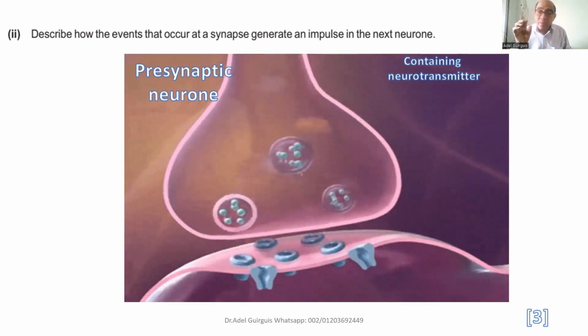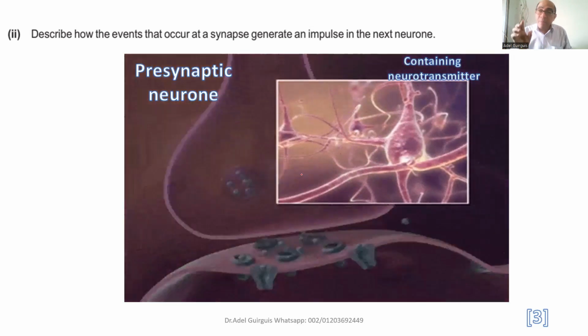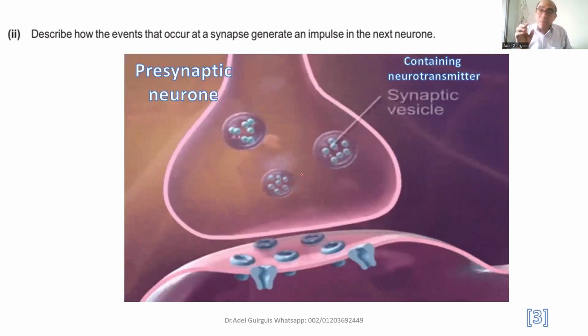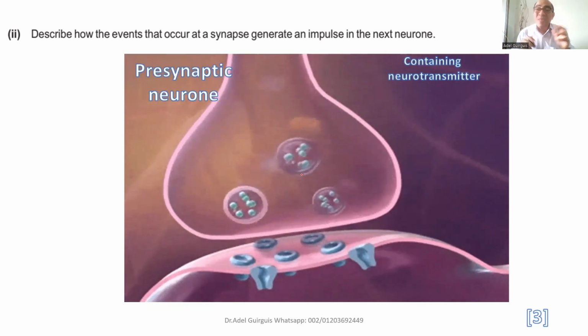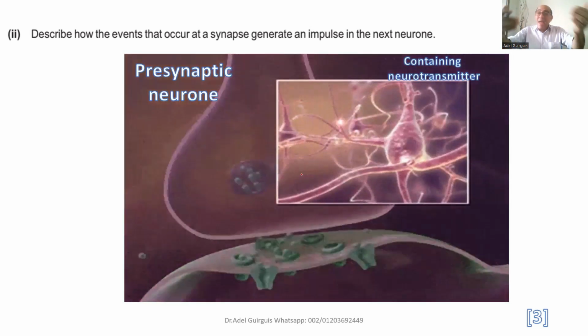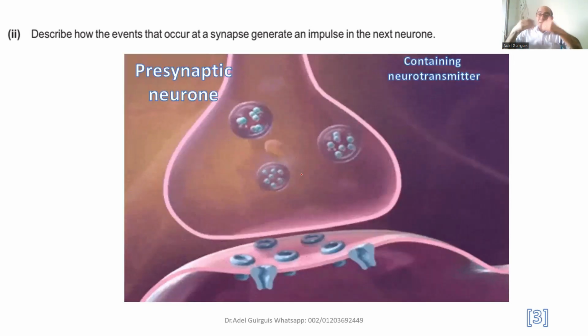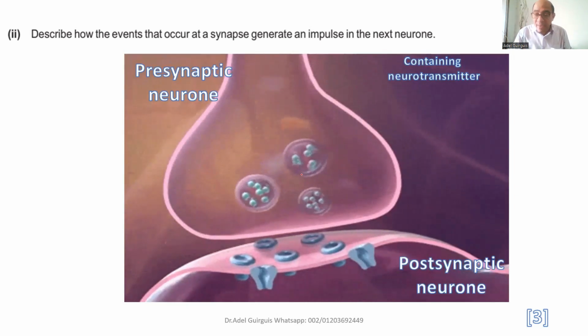This neurotransmitter is a specific molecule, and it reaches protein receptors specific to bind with this neurotransmitter at the membrane of the second neuron.